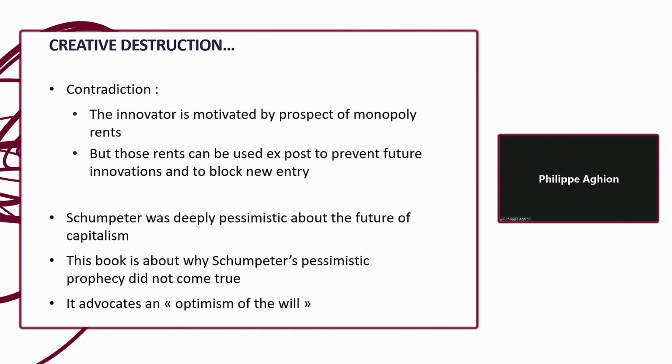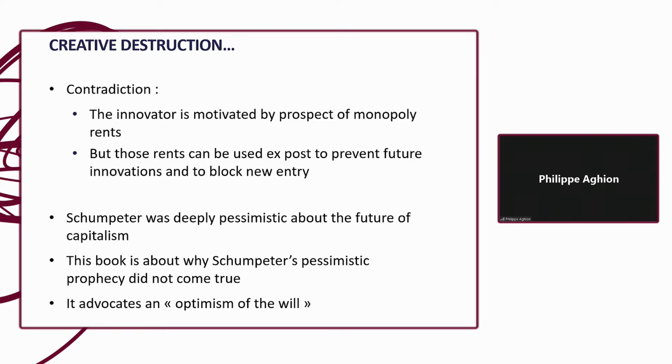So you see right away that at the heart of the growth process, you have a contradiction. On the one hand, you need innovation rents to motivate future innovation and to motivate R&D and other types of innovative activity. But on the other hand, yesterday's innovators are very tempted to use their rents to prevent subsequent innovations because they don't want themselves to be subject to creative destruction.